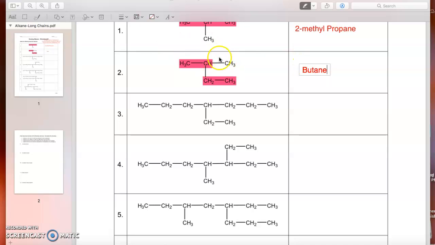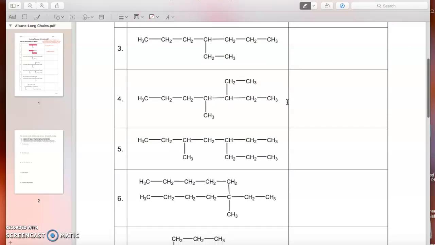And then we notice we have this little chain coming off that's not part of my highlighted area. So that's going to be 1 carbon, which is going to be called methyl. And we have to see which carbon it's coming off of. So we have 1, 2. So this is going to be coming off the second carbon, and it is 1 carbon coming off, so it's 2-methyl butane.